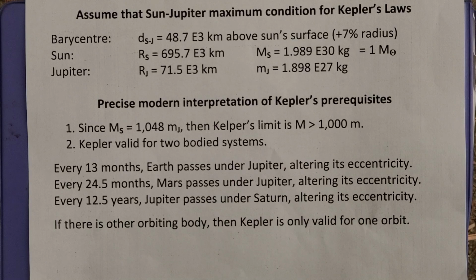Also, if there are additional objects in other orbits, then Kepler equations are valid only for one orbit, because whenever the object orbits underneath another, its eccentricity is changed, altering the orbit. Since Sagittarius A star has a mass of almost 2 million times the star of 4714, it qualifies for the first condition of the Kepler equations without prejudice.